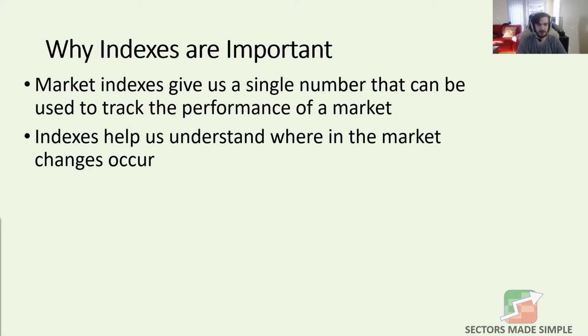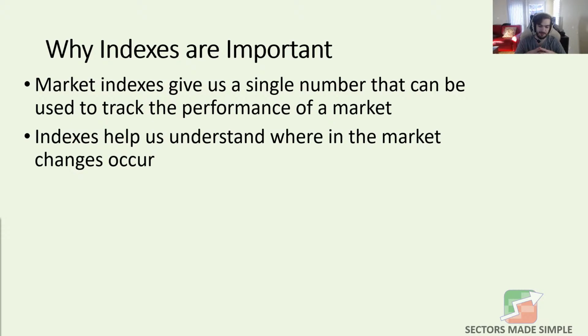Now, indexes help us to understand not just when, but where in the market changes occur, because indexes come in many shapes and sizes. Funny saying. I apologize for the weird examples, but it's true. Indexes can be big things or they can be very small.